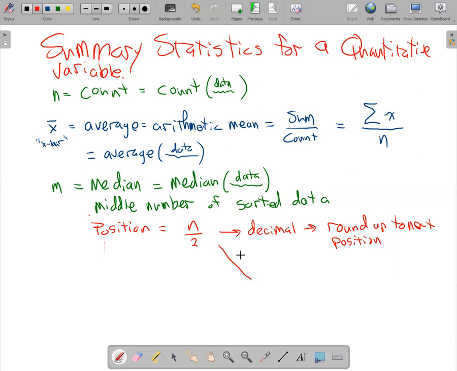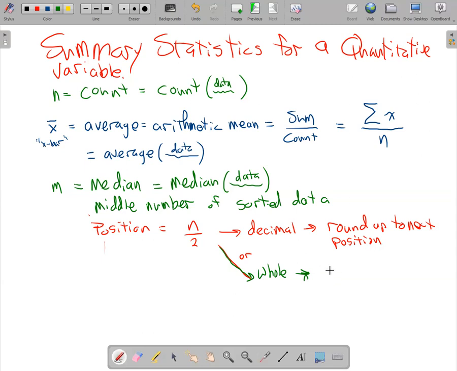If it's not a decimal, then it's going to be a whole number. So that would be like 10. 10 divided by 2 is 5, but 5 isn't the middle number. The middle is in between the 5th and the 6th number.